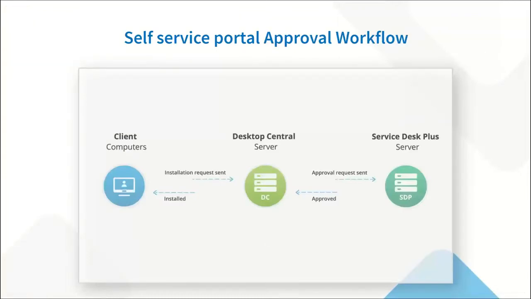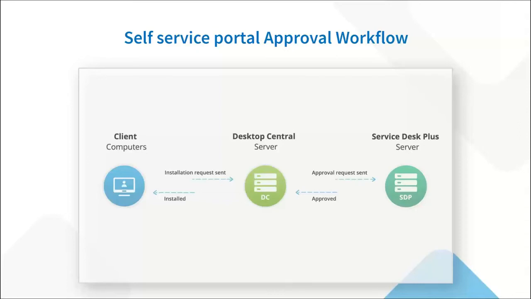Now the self-service portal approval workflow is quite simple. Once your end users find a commercial application which requires your IT administrator's permission, they will send out an installation request, which will be forwarded to the Desktop Central server and reach the Service Desk Plus server. A technician at Service Desk Plus will review the request and can choose whether to approve or not.